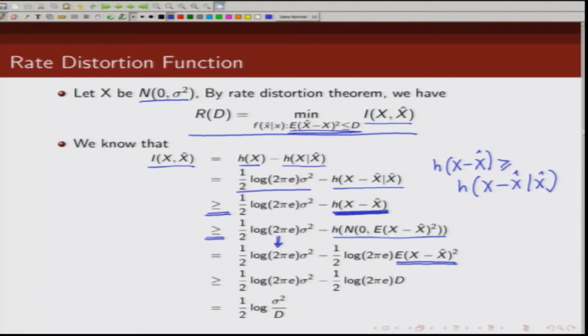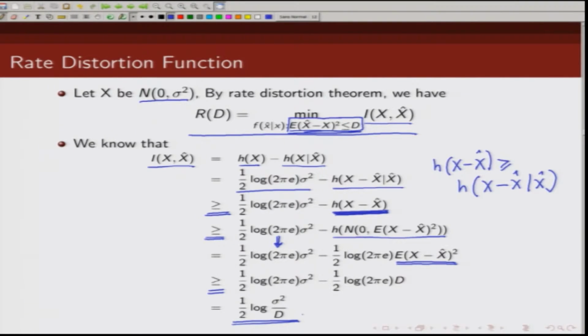This is upper bounded by D. So, then we can write the mutual information between X and X hat to be half log of 2 pi e times sigma square minus half log 2 pi e times D. That is because the expected value of X minus X hat whole square is upper bounded by D. And then combining these terms, we get this.